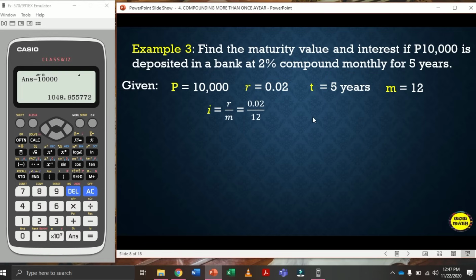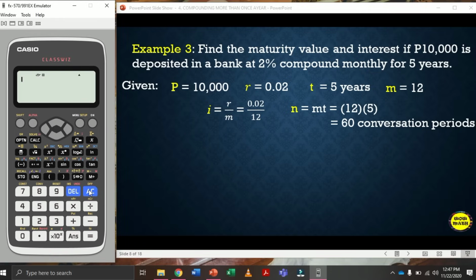So, therefore, kunin natin yung I, 0.02 divide 12. So, bakit hindi ko na nilagay yung decimal dito sa I natin? Kasi class, kapag magkakamali kayo kapag ni-round up nyo into 2 decimal, halimbawa 0.02 divided 12, maging fraction lang din siya.